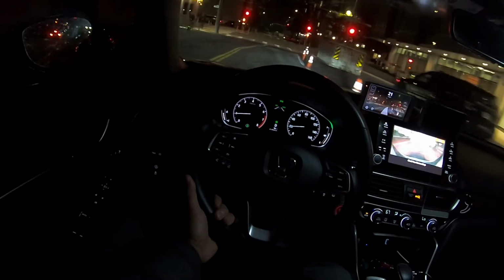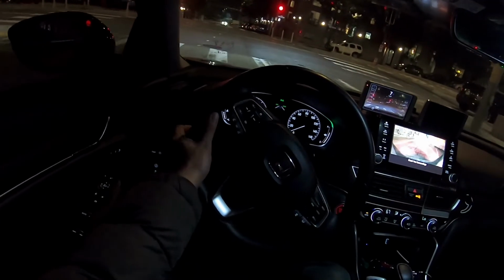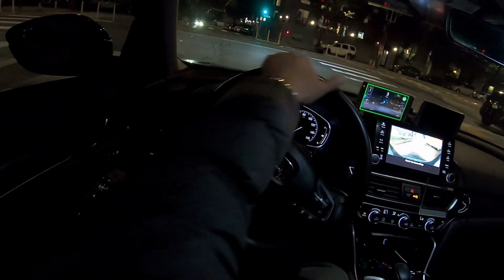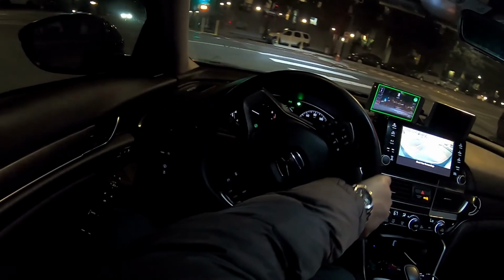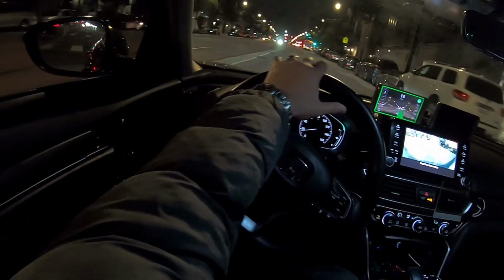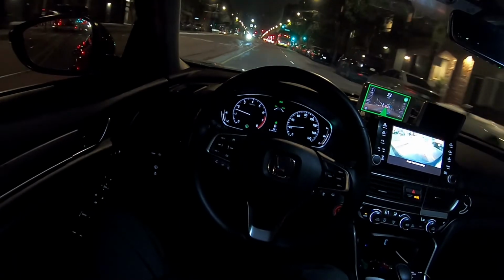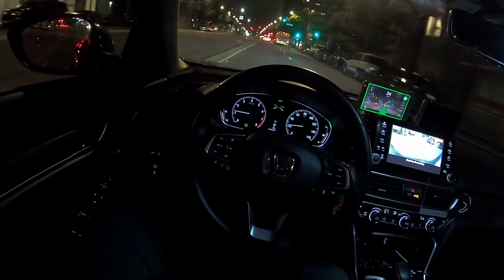This part of 3rd Street is being gentrified. A lot of high-tech people. Usually, I think this was industrial back then, but now a lot of apartments and everything.